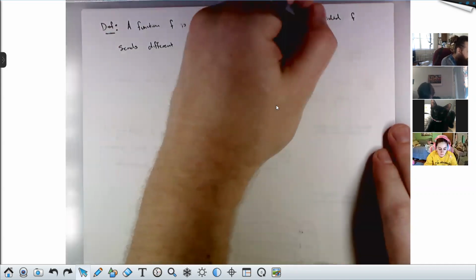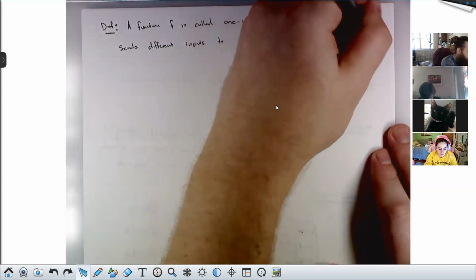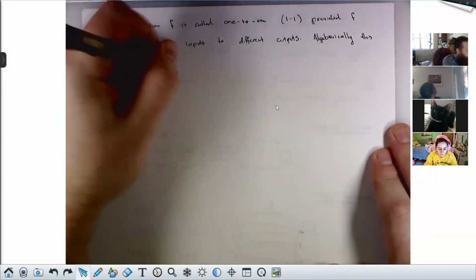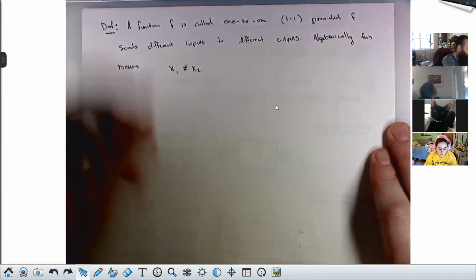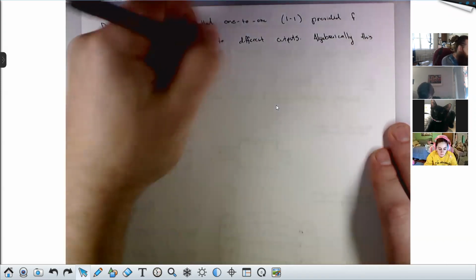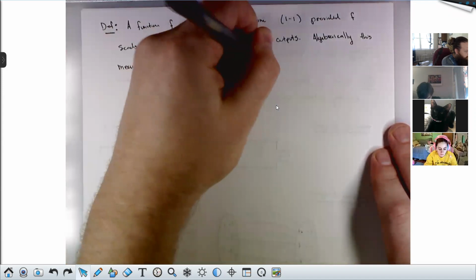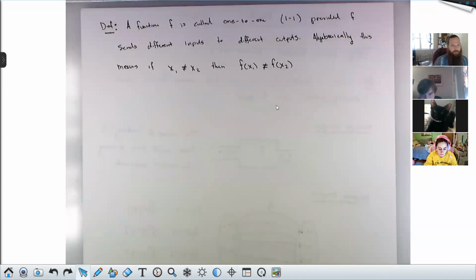Algebraically, this means if I have two different inputs, x1 and x2, and they're not equal to each other, if I have x1 and x2 being different, distinct inputs, then f of x1 needs to be different from f of x2. Right. Distinct inputs like 4 and 7 have to have distinct outputs. They can't both be mapped to the same thing.